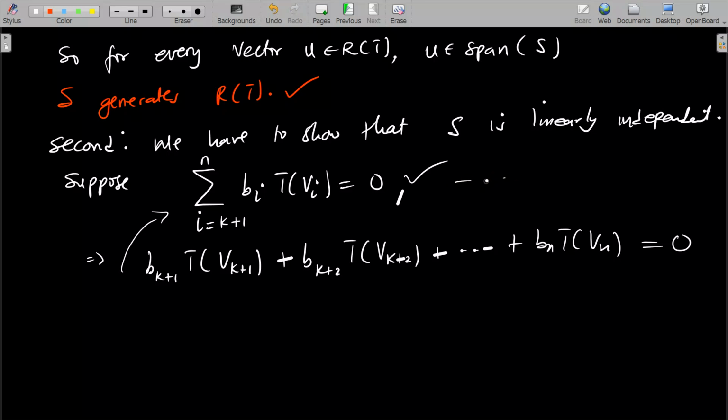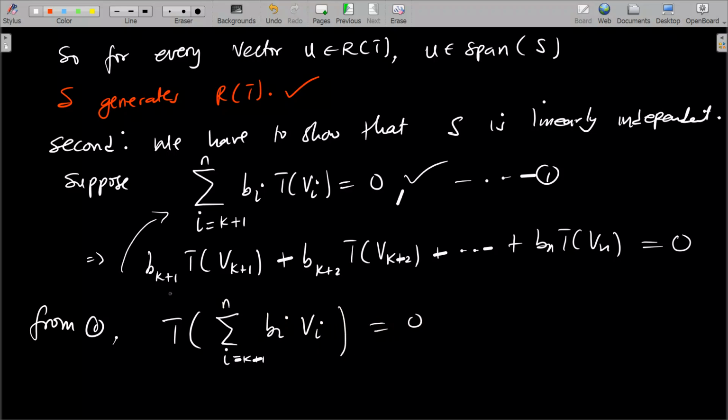From that point, let me call this one (1). What can we say? This is a linear transformation, so you can use a second expansion to see what I'm about to write. This can be written as T of the summation as i goes from k+1 to n of b_i v_i.